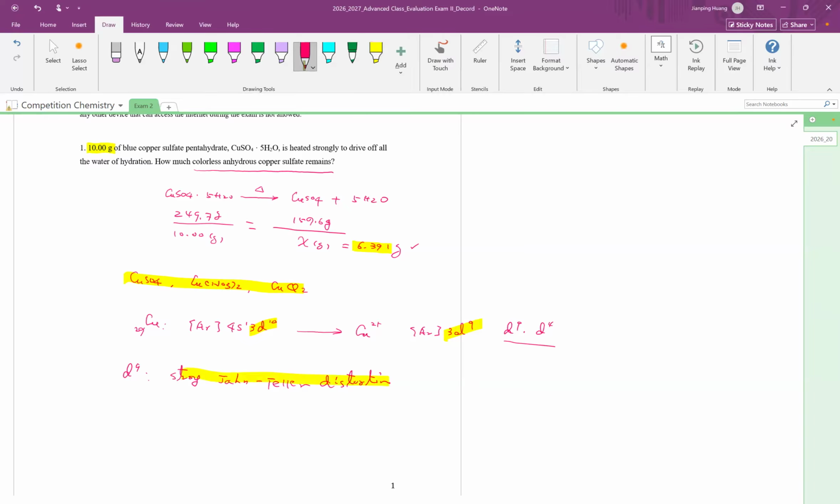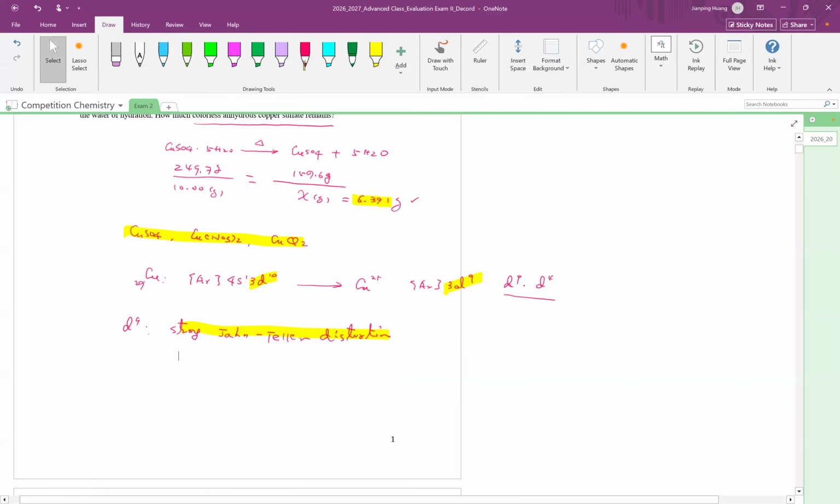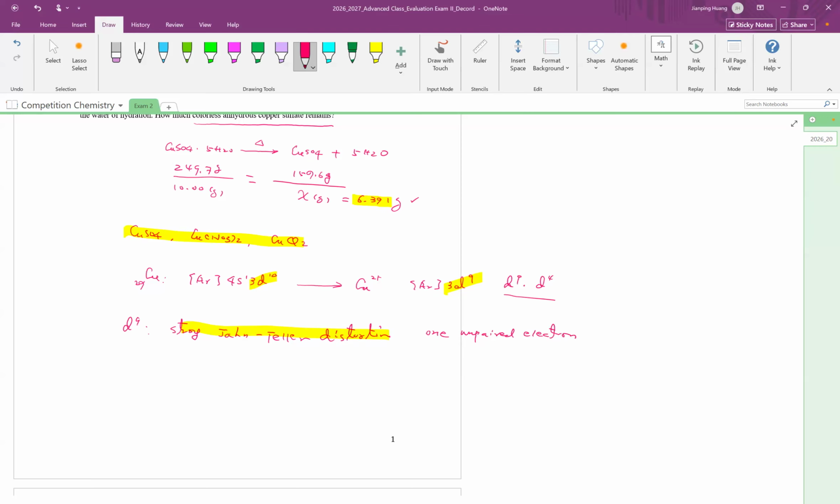And every time you see copper, very likely the question is related to d9 and the strong Jahn-Teller distortion. So in this case, there is always 1 unpaired electron. When you have this stronger distortion, what will happen? In this case, it will affect the geometry.